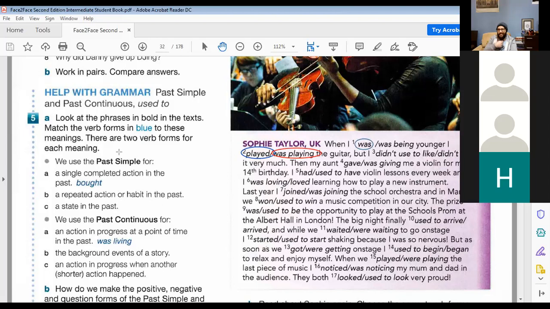That's why I also chose "was playing" the first time, but now you changed your mind. Okay. I think Malak maybe has another answer. Yes, I think like Sana, "when I was younger, I was playing the guitar."